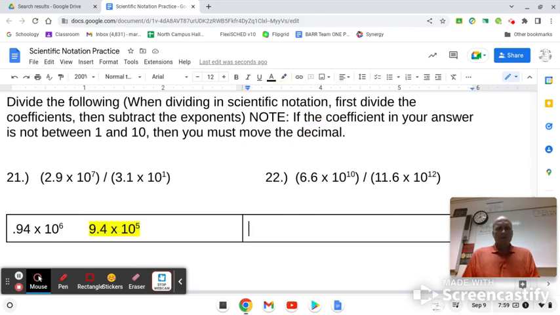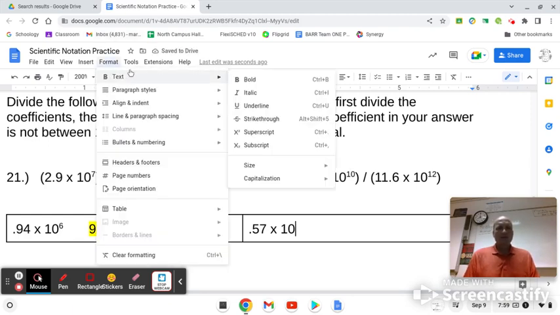All right, next one, 6.6 divided by 11.6. So 6.6 divided by 11.6. My calculator tells me 0.57, round that to, times 10 to the, all right, here I subtract 10 minus 12. Okay, 10 minus 12, that's a negative 2. So subtracting gives me my exponent.